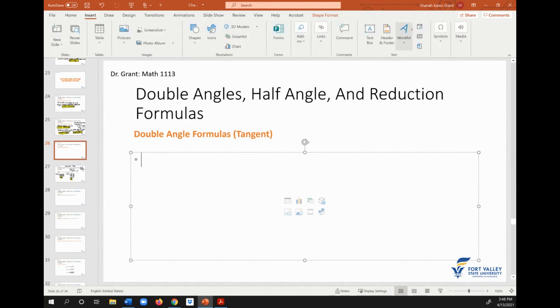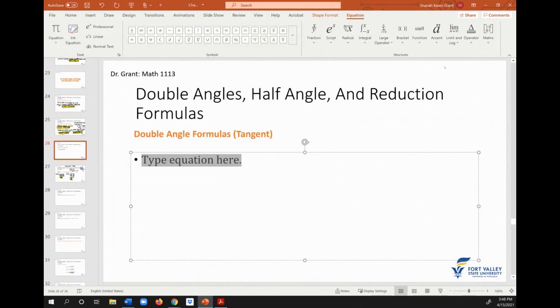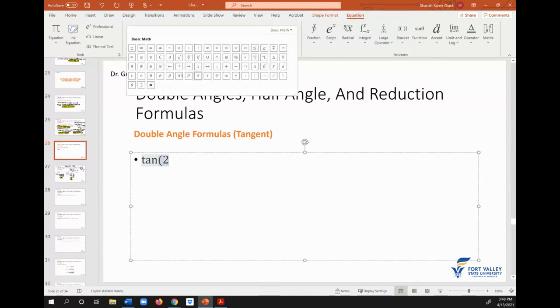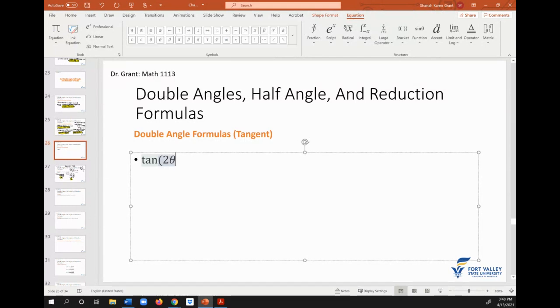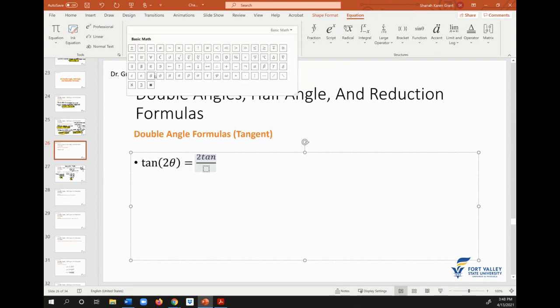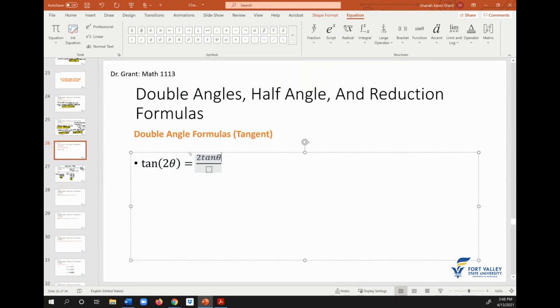So our double angle formula for tangent 2 theta is going to be, and we can always derive it, but in the interest of time, we'll just put what it is. So that's going to be 2 tan theta divided by 1 minus tan squared theta.